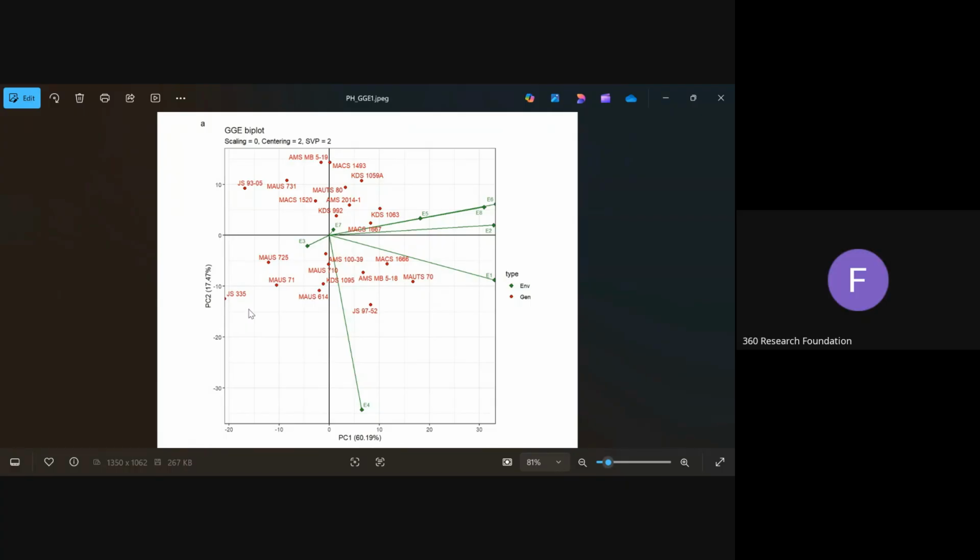So this JS335 falls on the negative side of the principal components. Because of that, it indicates poor adaptability across all the environments. But it is good for the E3 environment. No, the E3 vector is very short. The E3 vector starts at the origin and ends nearby the origin only.